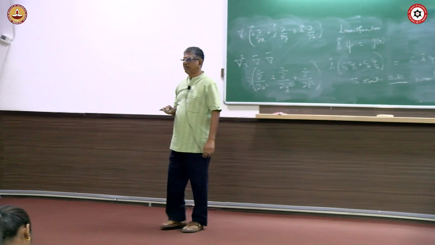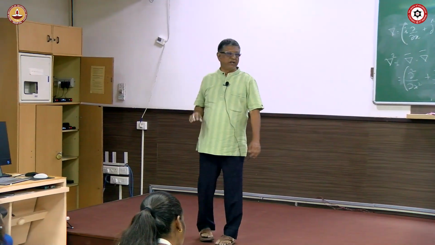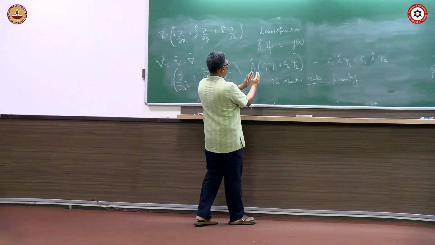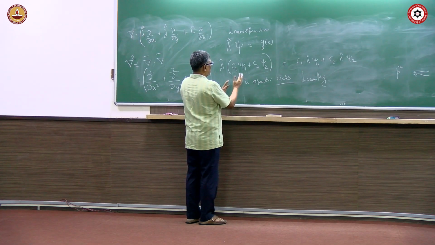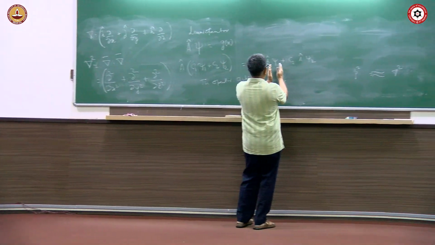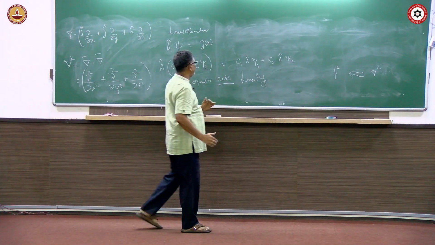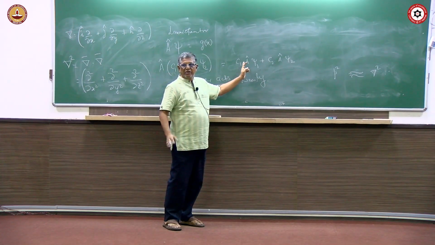Clear? You got the idea what a linear operator is here. So, the function that I have is C1 psi 1 plus C2 psi 2. So, this acts linearly. First it acts on psi 1, then it acts on psi 2, and then you have the sum. C1 and C2 are constants, therefore they may not be acted on.